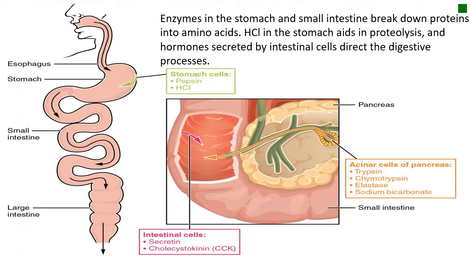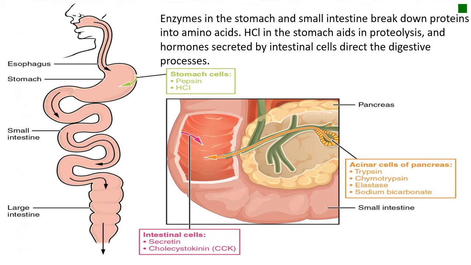The small intestine also releases digestive hormones, including secretin and CCK, which stimulate digestive processes to break down proteins further. Secretin also stimulates the pancreas to release sodium bicarbonate, and the pancreas releases most of the digestive enzymes, including proteases like trypsin, chymotrypsin, and elastase, which aid protein digestion.